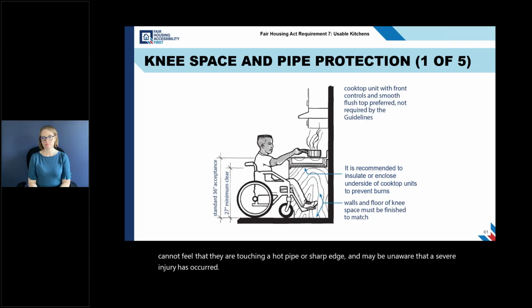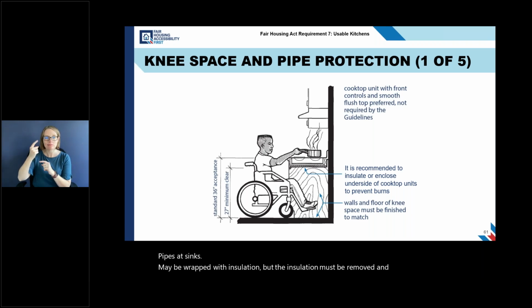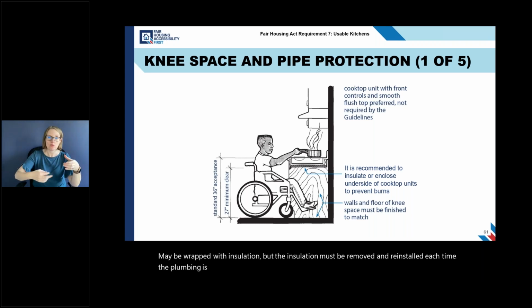Pipes at sinks may be wrapped with insulation, but the insulation must be removed and reinstalled each time the plumbing is serviced.